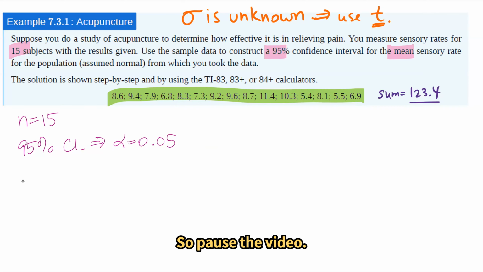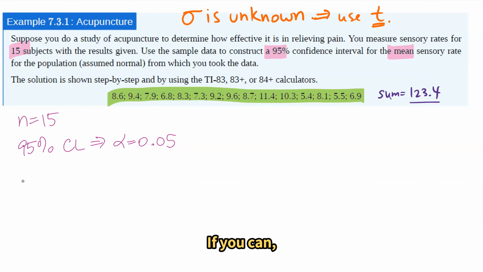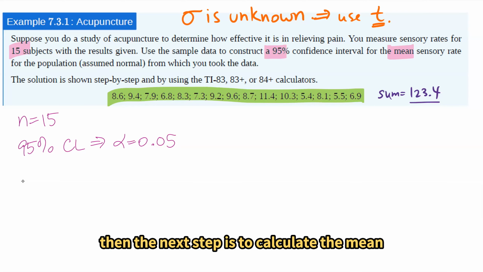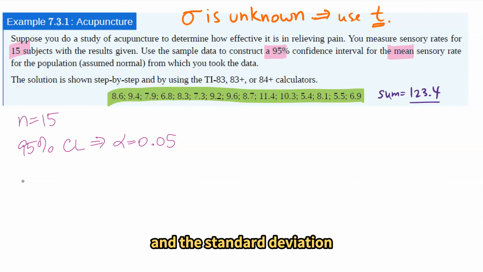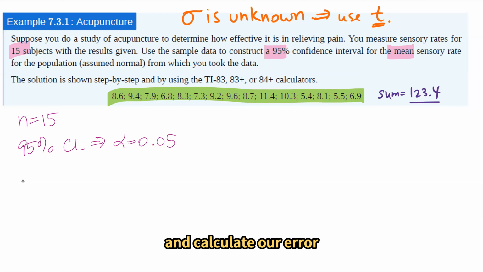So pause the video, enter in the data, use your sum formula, add them all up, and see if you can get 123.4. If you can, then the next step is to calculate the mean and the standard deviation, and then use the confidence.t formula and calculate our error bound for the mean.